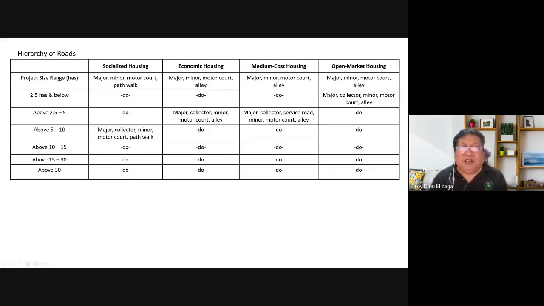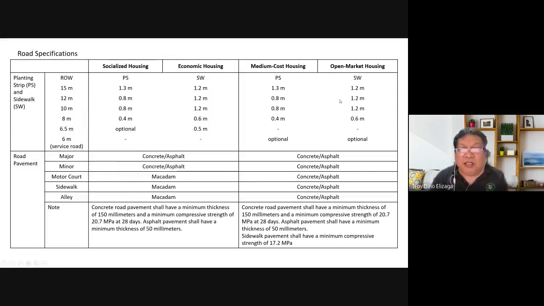I think this is wrong. I mean, project sizes should be up here, so I'm going to correct that before I share this with you. And then the planting strips and sidewalks. I mentioned to you that RROW means road right of way, so that includes planting strips, sidewalks, and the carriageway.